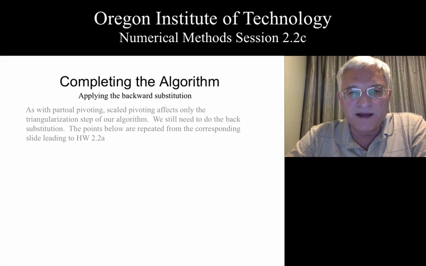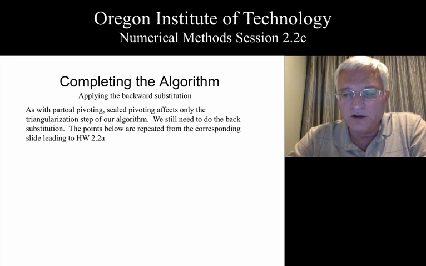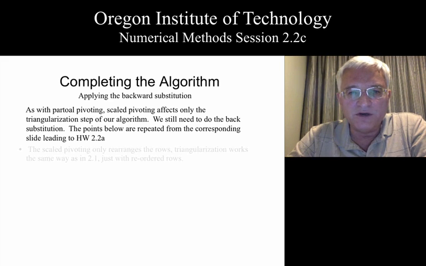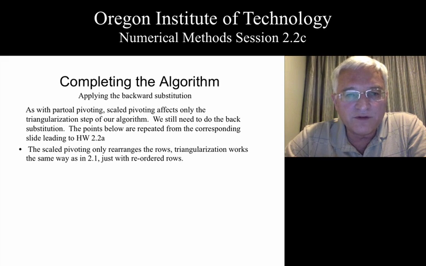Okay, so as far as our back substitution is concerned, we'll use the same procedure we did earlier back in section 2.1. There's no change there we need to do whatsoever. Reminding ourselves of what our algorithm is, we are rearranging the rows first so that our scaled value is a maximum.